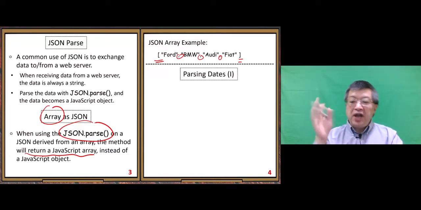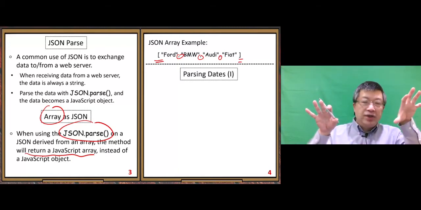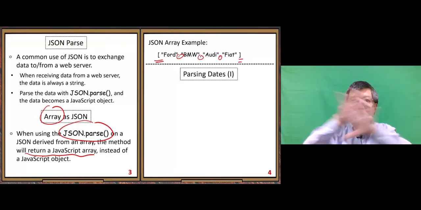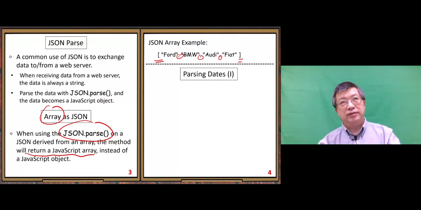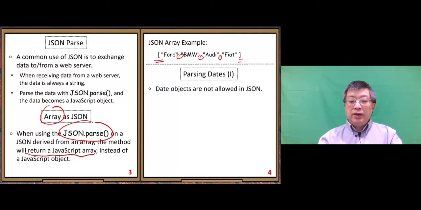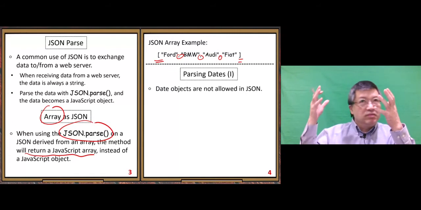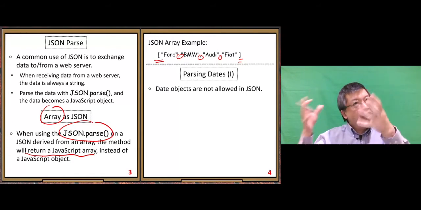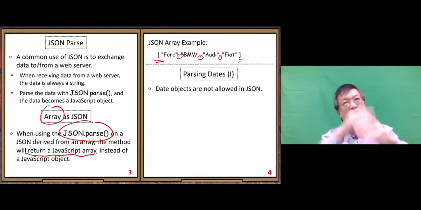Then parsing dates. Now we want to talk about the date object and the string representation conversion. Date objects are not allowed in JSON directly. You cannot use a JavaScript date object as a property value in your JSON object.